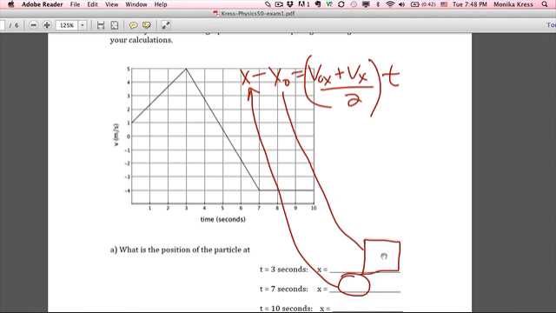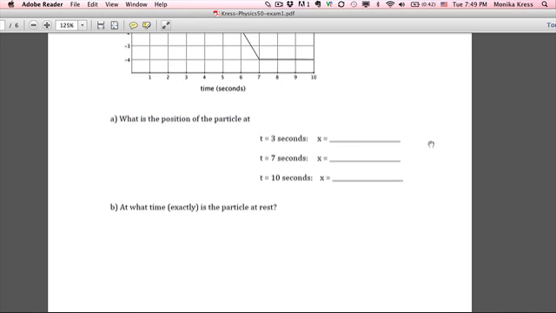Your initial position for your second time interval is equal to your final position from your previous time interval. So the v naught x and v_x would be here and here, and then divide that by 2. The time here is not equal to 7 seconds, it's how many seconds elapsed that it had that particular acceleration. So this is 4 seconds for the second time interval. And you do the same thing for the third time interval.